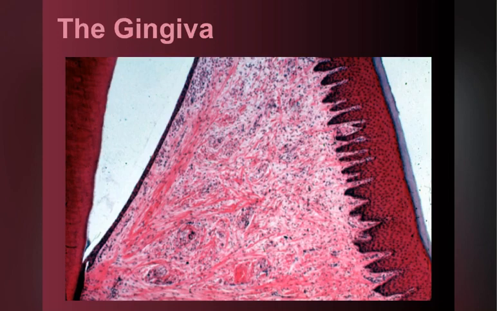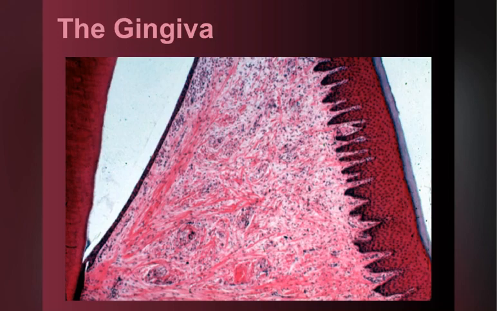Here we see part of the attached gingiva that is attached to the enamel. So here we start from the cemento-enamel junction. You see here this epithelium is called junctional epithelium.